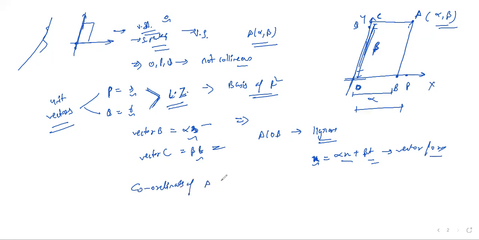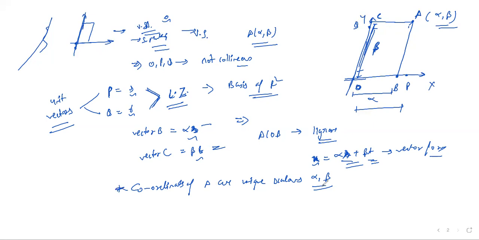You can see clearly that if this is the vector alpha S, and this is the vector beta T, then the vector addition of these vectors would be alpha S plus beta T. It does form a parallelogram, we have studied this earlier. So from this we got that the coordinates of A are unique scalars.